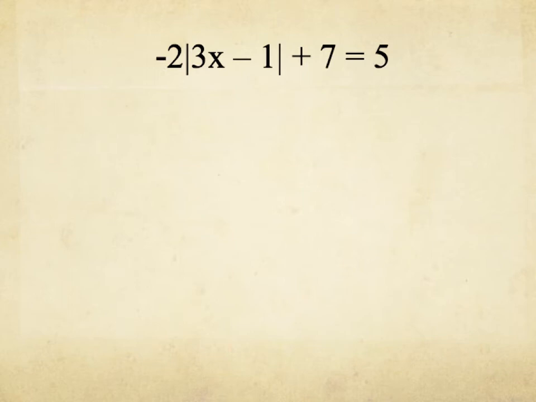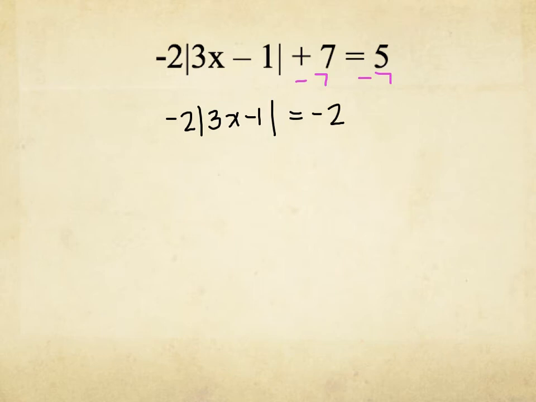So the first thing, get everything on one side, the absolute value on the other. So subtract 7 from both sides. So I get -2 times the absolute value of 3x minus 1 equals -2. Now remember, don't stop there and say, oh, it's negative, it's no solution.